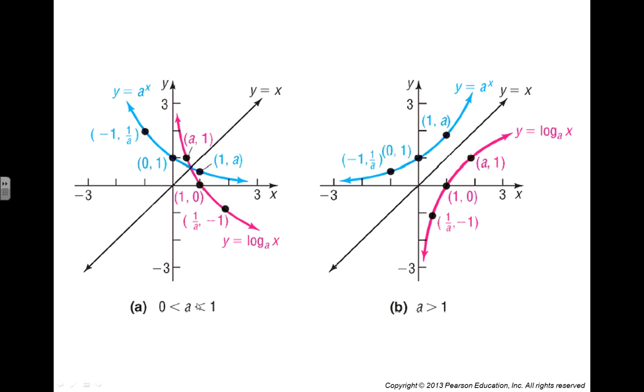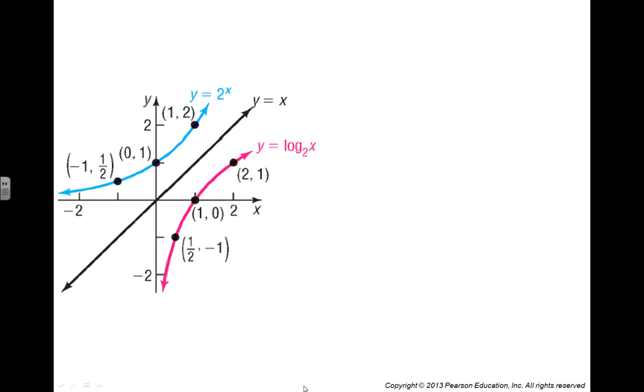All right. So for when a is between 0 and 1, it looks like this. And for when a is greater than 1, it looks like this. So if I have base 2, y equals 2 to the x, looks like that. And log base 2 of x is its mirror image across the line y equals x.